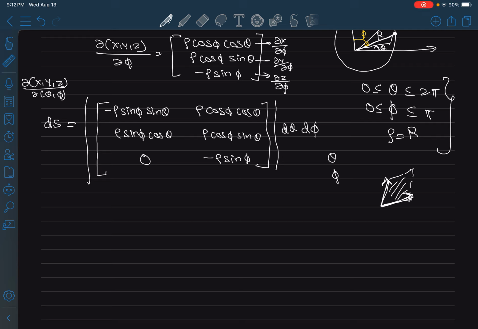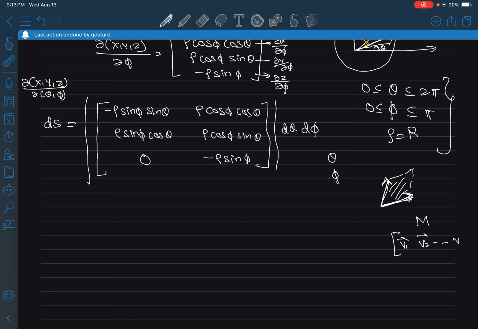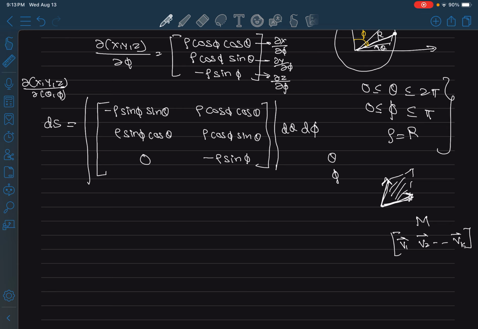For a rectangular matrix M, let's say it has k column vectors. Here we had just two vectors, so we had to find an area. If there are k vectors, then it could be a k-dimensional volume, depending on the number of column vectors.